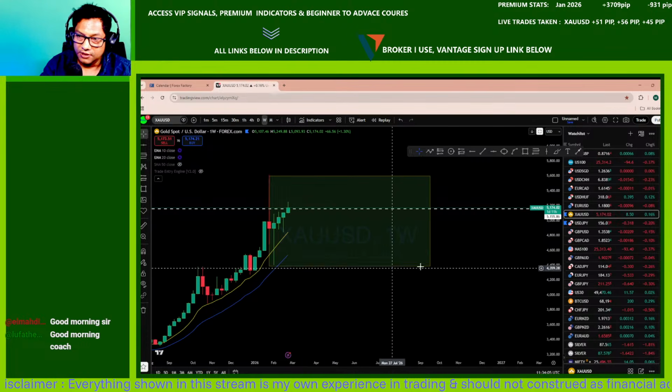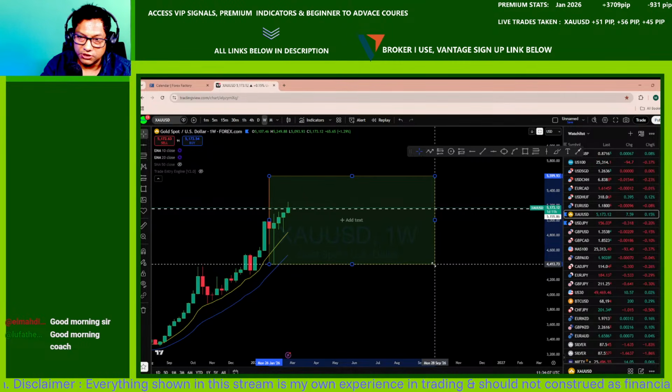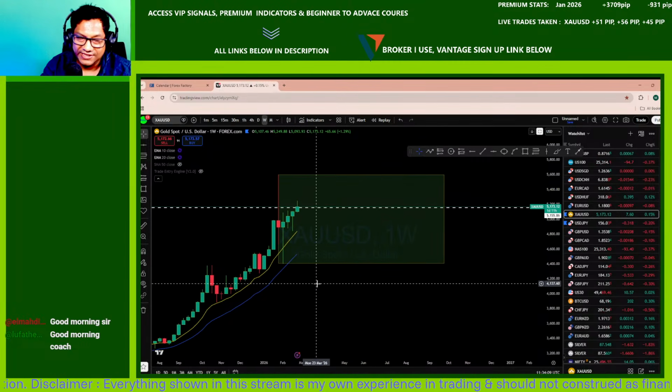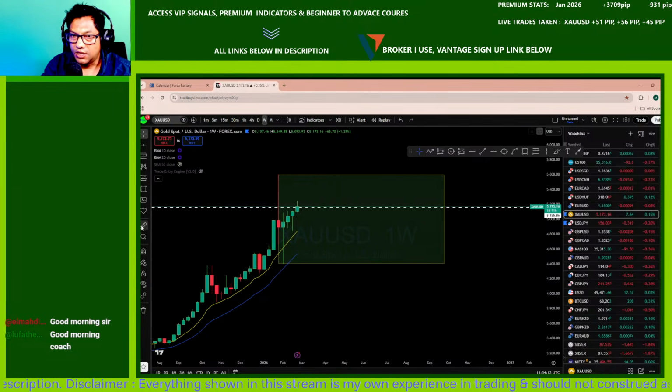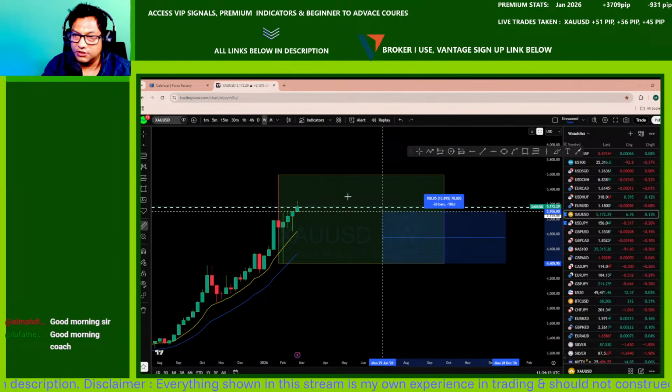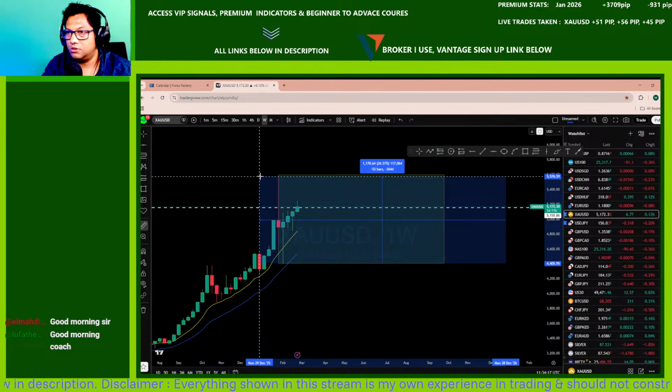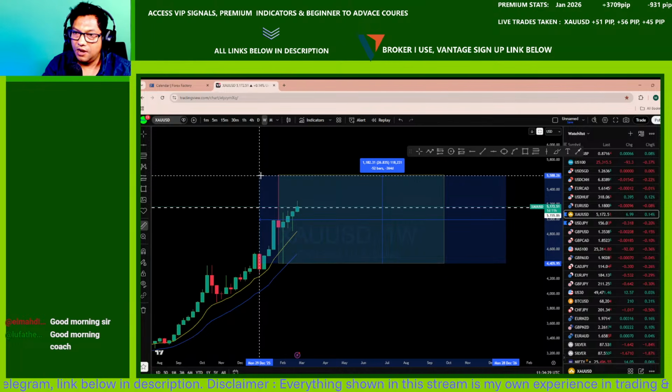But here this support is so important because it's an uptrend and this is an overextension below that level, and in between this high and low there is almost billions of dollars, right? It's almost 11,700 pips in between this high and low.